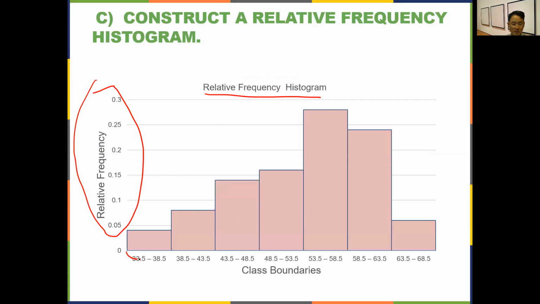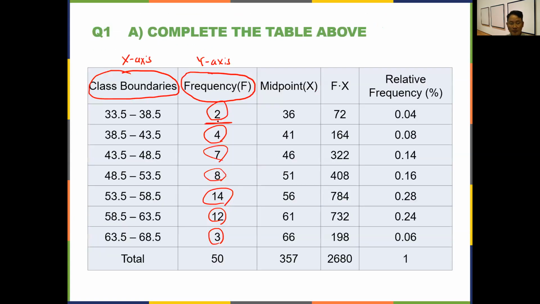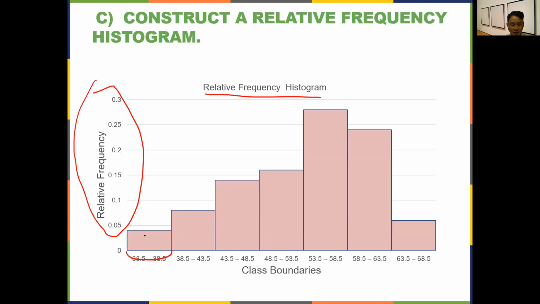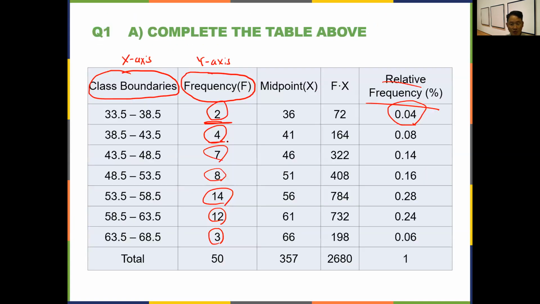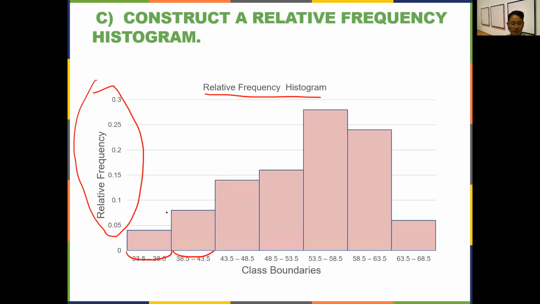Remember this first bar between 33.5 to 38.5? It was 2 in frequency, but it was 4% in relative frequency. That's why it goes up to 0.04, 4% right there. The next bar, for example, frequency was 4, but it was going up to 8%. That's why it goes up to the 0.08 bar like that.